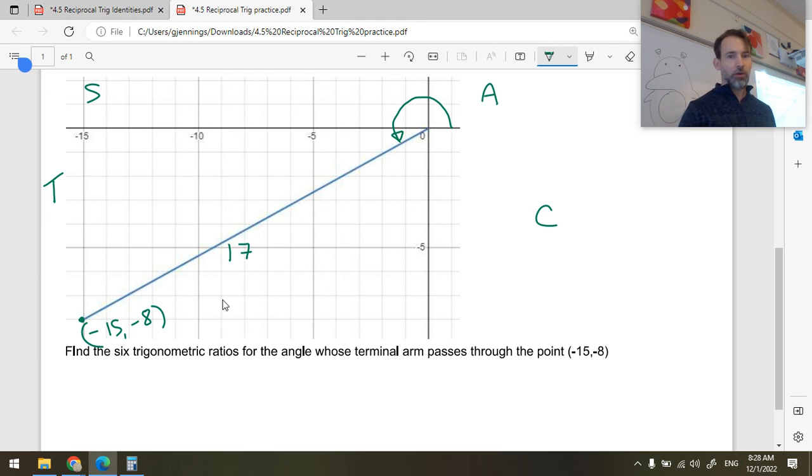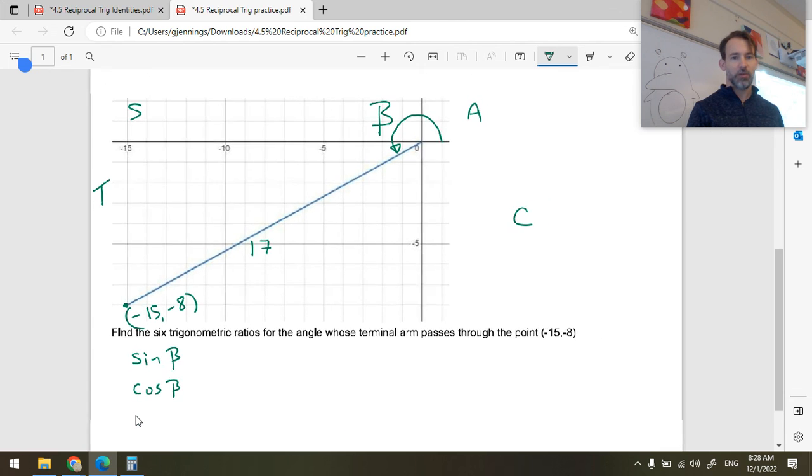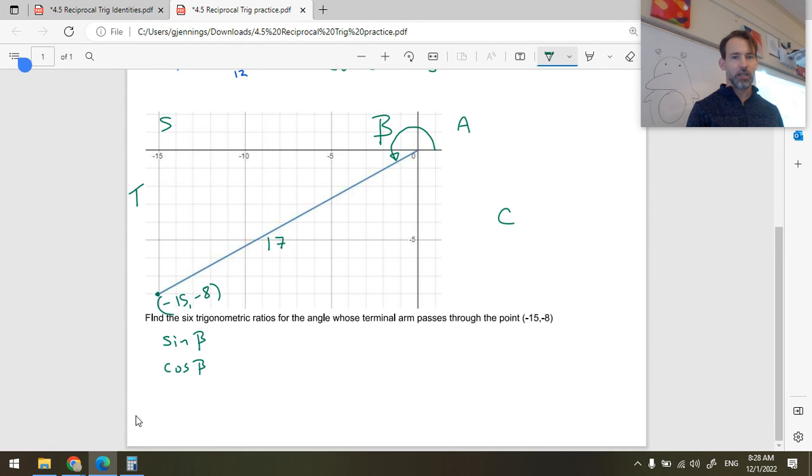And now we can write down our primary trigonometric ratios for this angle beta. Still drawing the angle? Oh, yeah. You must be trying to draw it nicely. So here we go. Sine beta, cosine beta. I'm going to zoom out a little bit to lift that up. I have a very big diagram, probably bigger than I need.